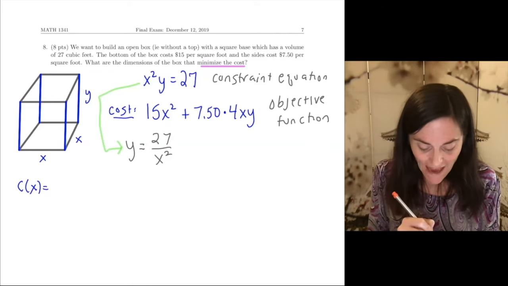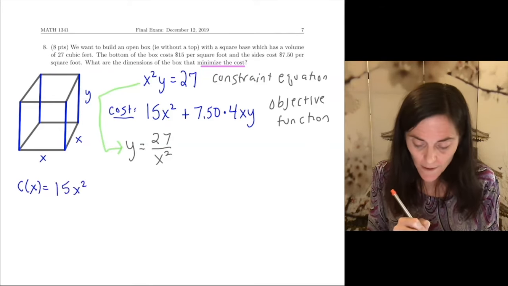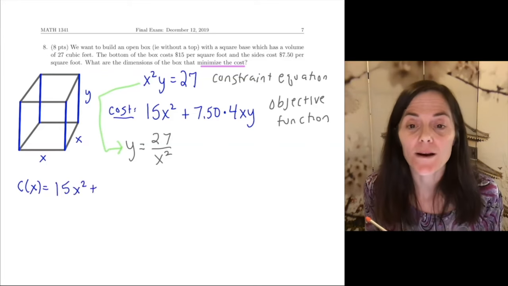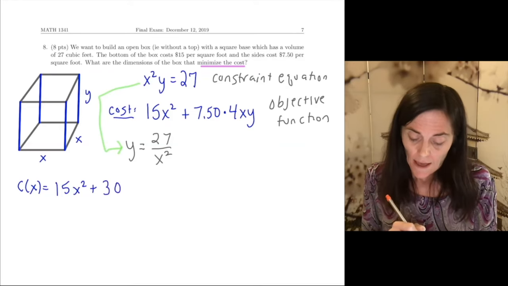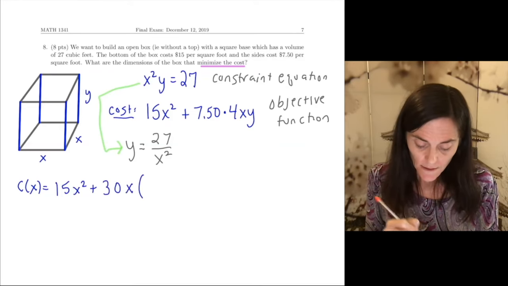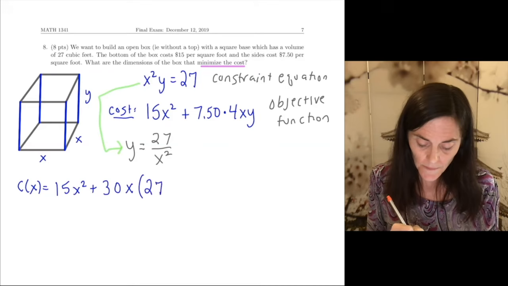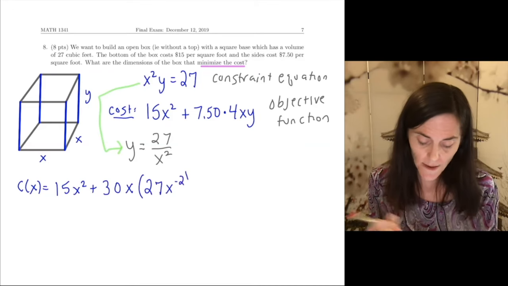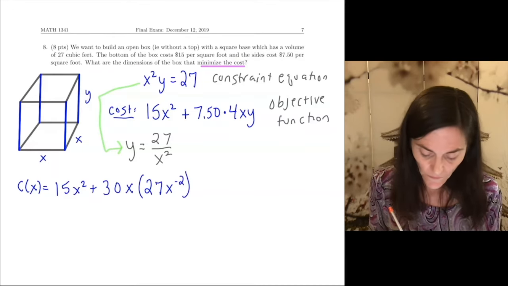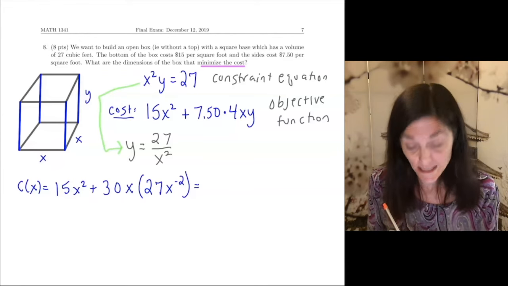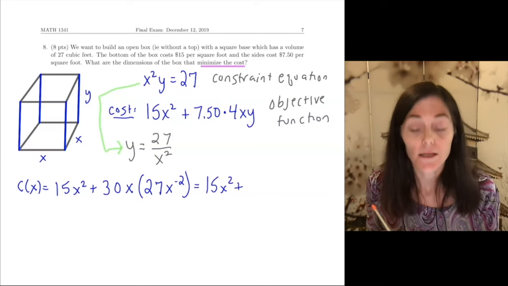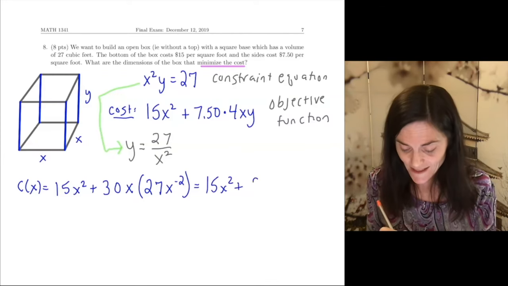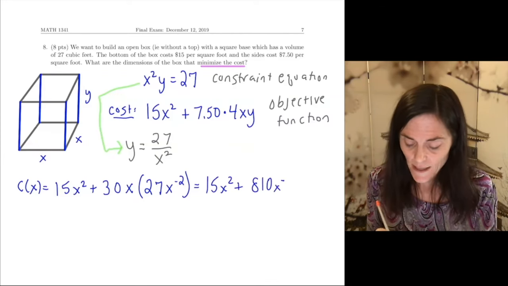Okay, so we have 15x squared plus, well, 4 times 7.5 is 30. And then we have x. Then we have 27. I'll write it this way, x to the minus 2. Which I can write as 15x squared plus, let's see, this would be 810 x to the minus 1.